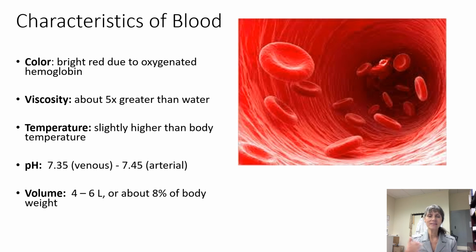Arterial blood tends to be a little bit higher, so it's a little bit more basic than venous blood. If you were to take an average between the two, the pH of blood tends to be about 7.4. Again, the volume of blood that makes up the percentage of your total body weight is about 8%, which is equivalent to anywhere between 4 to 6 liters of blood in your body.